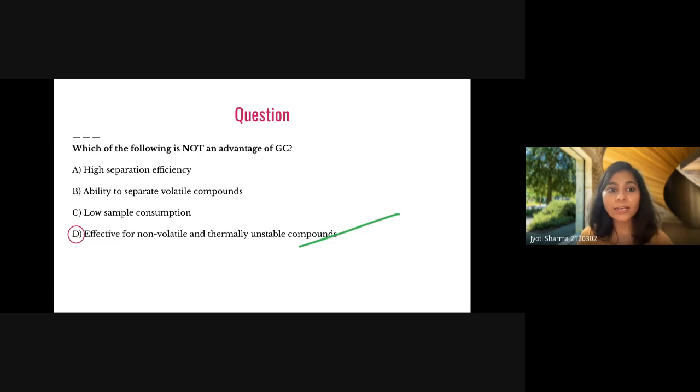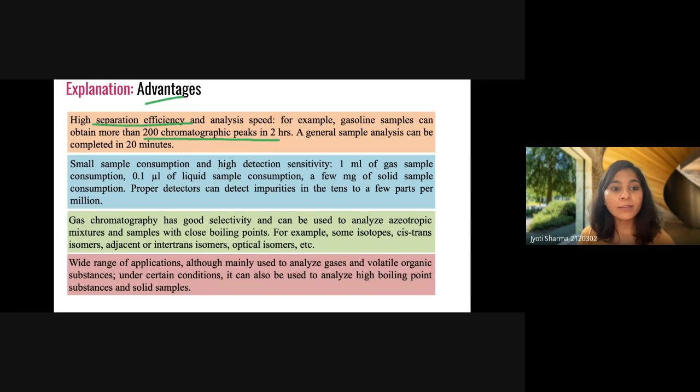Just see how good the separation efficiency is. Then even if we have a small sample size or sample concentration, we can still utilize this. So small sample consumption and high detection efficiency. 1 ml of gas sample is enough for gas chromatography.